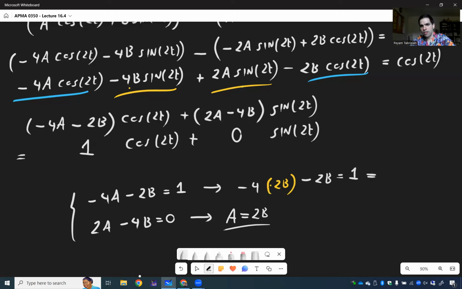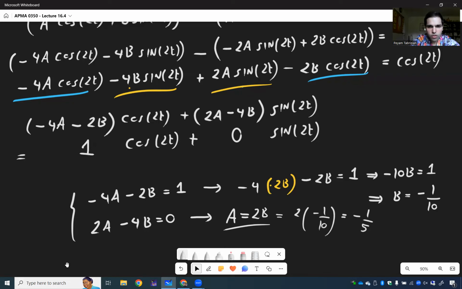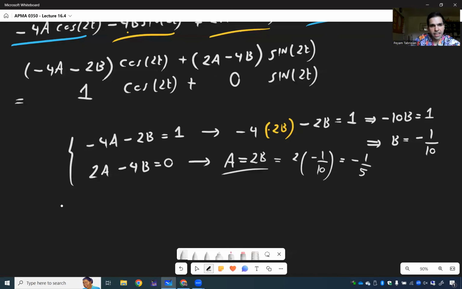I think that simplifies to minus 10b is 1. So b is minus 1/10. And then a is 2b, which is 2 times minus 1/10, and that's minus 1/5. So a is minus 1/5 and b is minus 1/10.